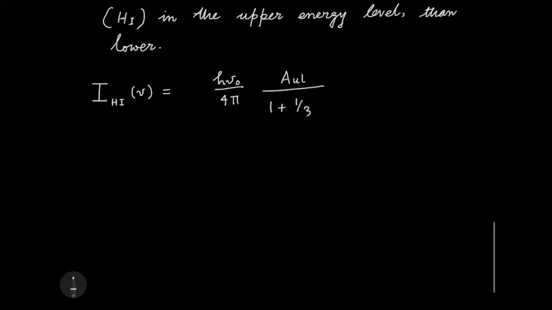I get h nu naught by 4 pi A UL, 1 plus 1 by 3, phi nu, and then the column density of H1.